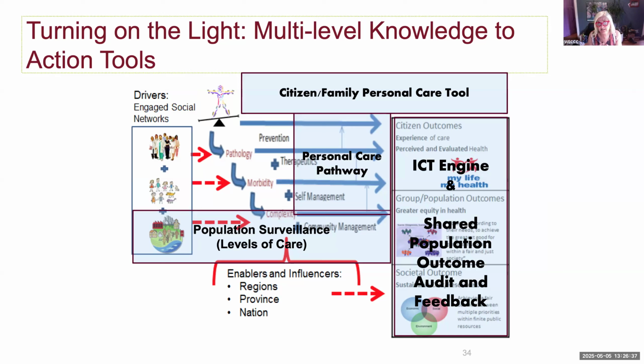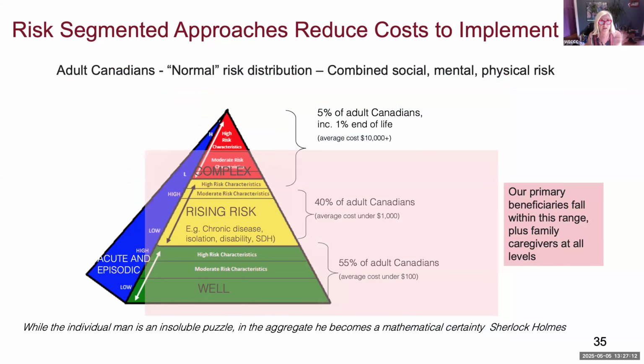But aggregated data could be used to build those pathways within organizations, and the entire information communication technology engine really is use of that big data set about what those patterns of care look like and what are those opportunities for population and subgroup level impact, and sharing those measurements through feedback loops back to people who can think differently, see different options and choices, and as a result, behave differently.